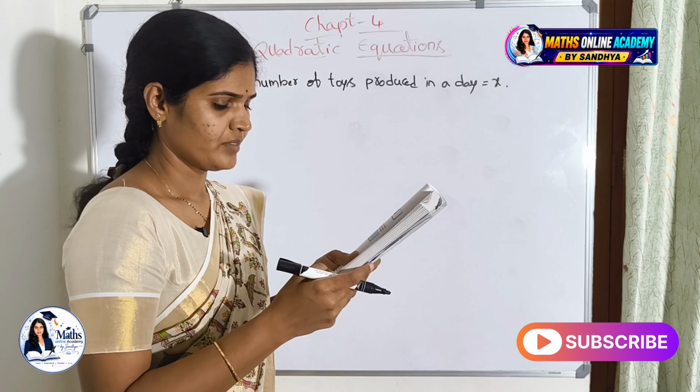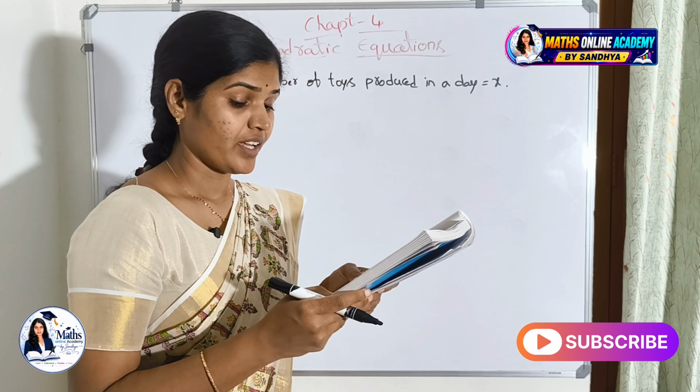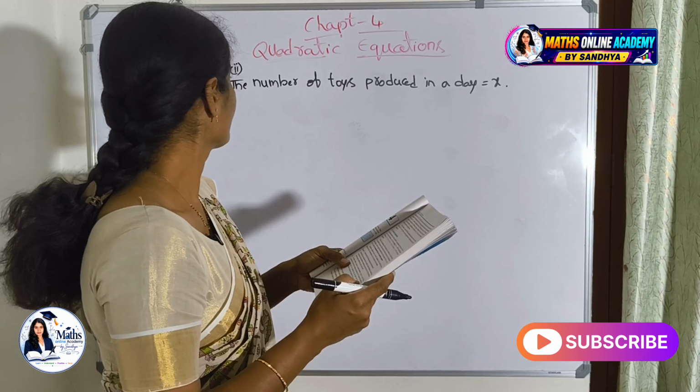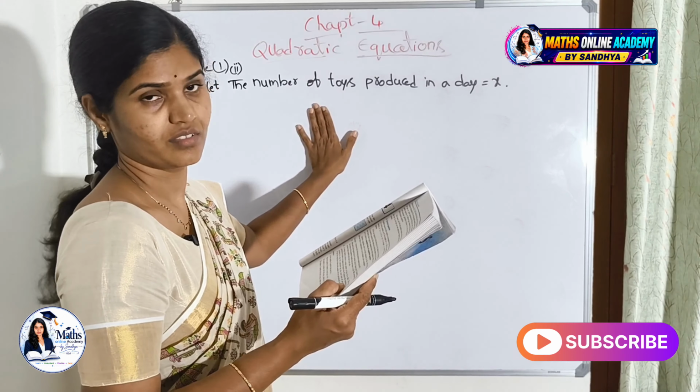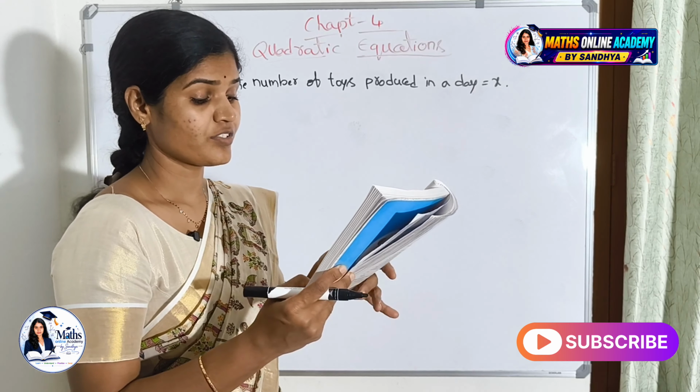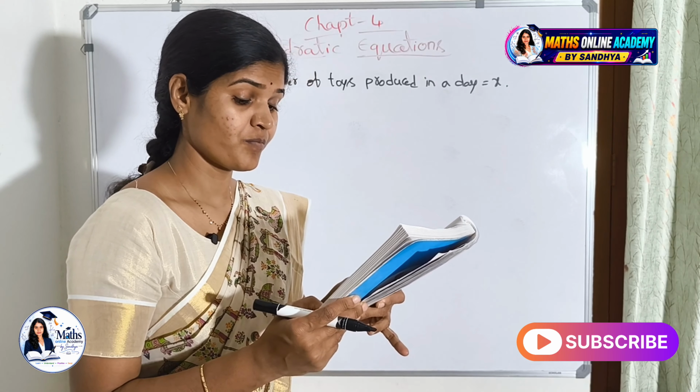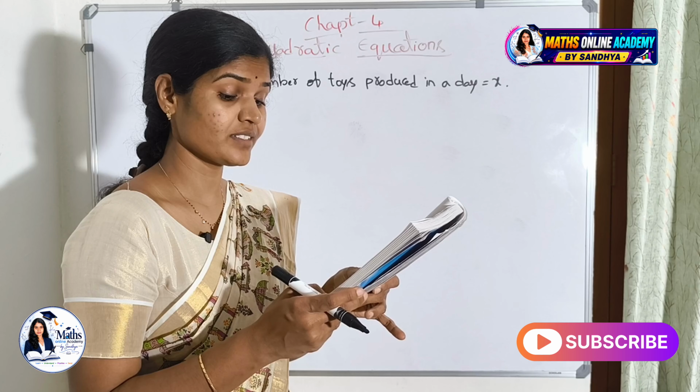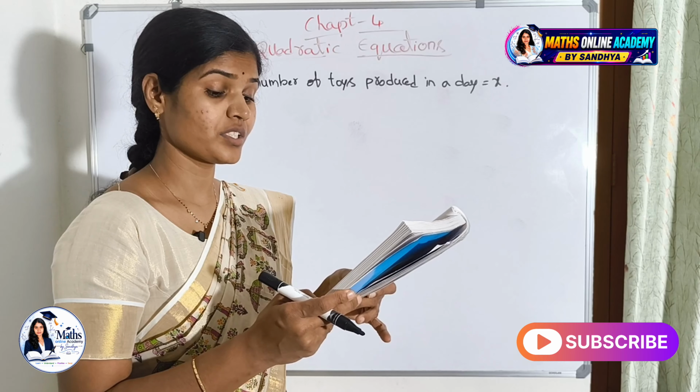Okay. The cost of production of each toy was found to be 55 minus the number of toys produced in a day.